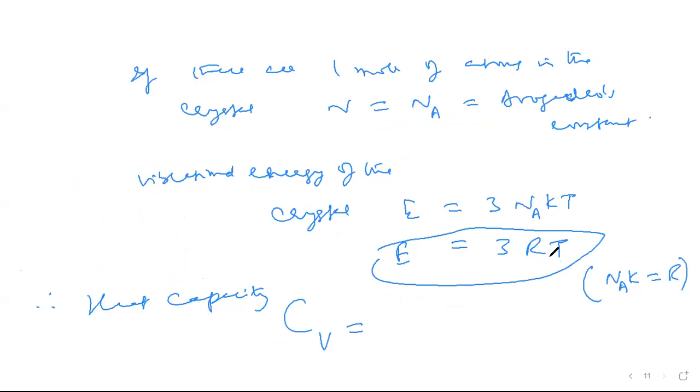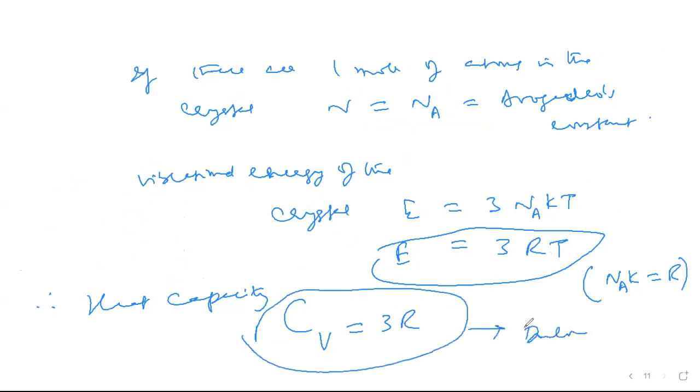When you differentiate 3RT with respect to temperature, you will get just 3R. This is simply Dulong Petit law, which we discussed last time. Molar heat capacity of a solid is 3R.